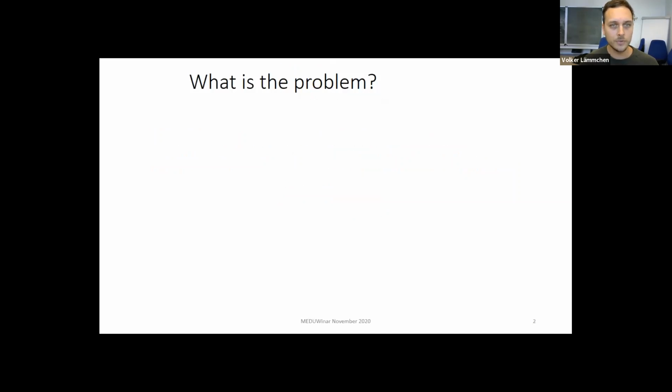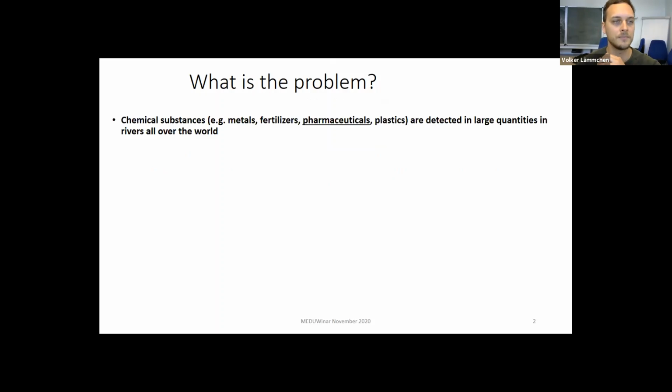So to start with, I want to give a short introduction of what the general problem of micropollutants in our surface waters is. This general problem can be framed in one particular sentence: chemical substances, for example, metals, fertilizers, pharmaceuticals, and plastics are detected in large quantities in rivers all over the world. And this sentence can be structured in 3 major points.